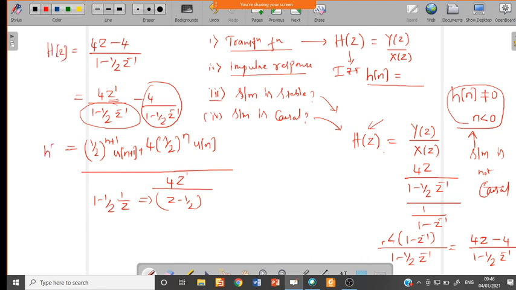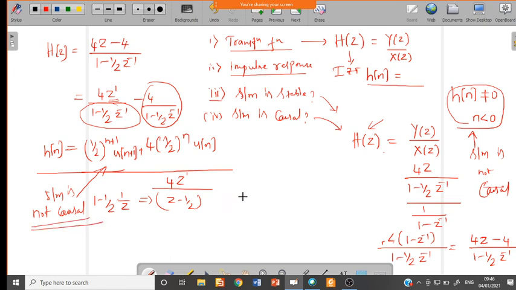If you take the simplified form, you will get some other result. So in order to find the causality, you take this directly by taking the ratio, and you will get back the h of n. So this tells the causality of the system: the system is not causal.